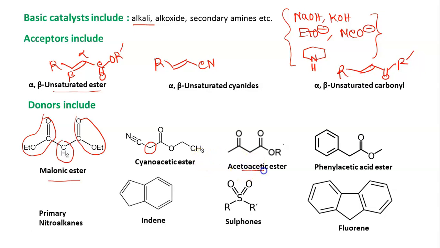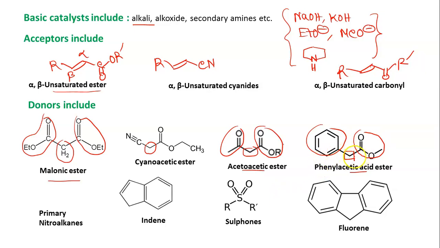Then we have acetoacetic ester, so this is actually a beta keto ester. Both sides there is an electron withdrawing group and we have active methylene group CH2. Next, phenyl acetic acid ester. So this side we have ester and this side we have phenyl and this is our active methylene group.